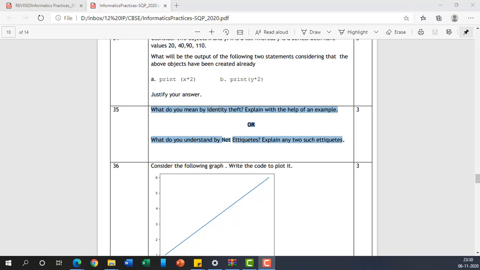What do you mean by identity theft? Explain with the help of an example.